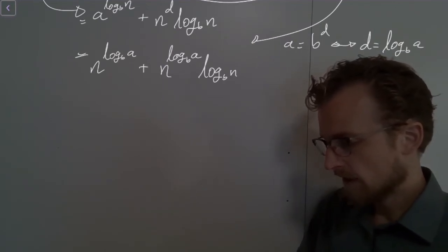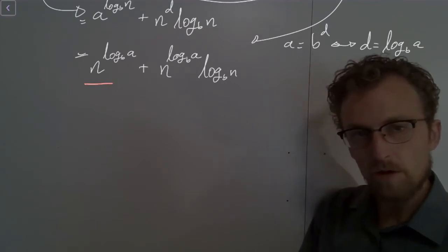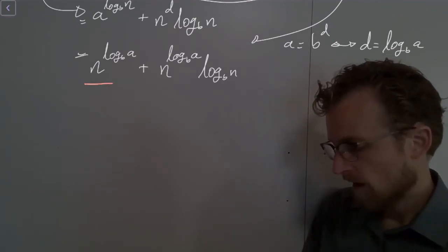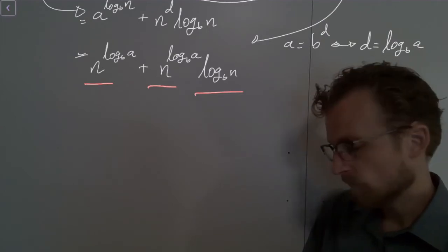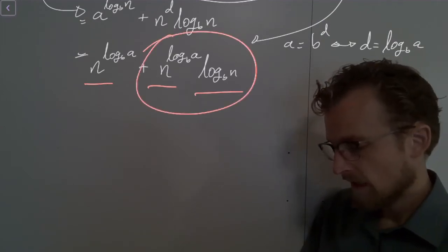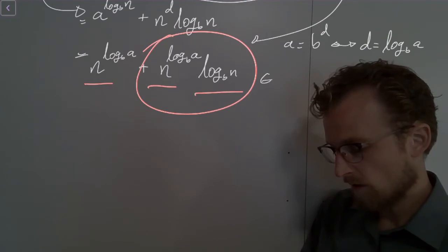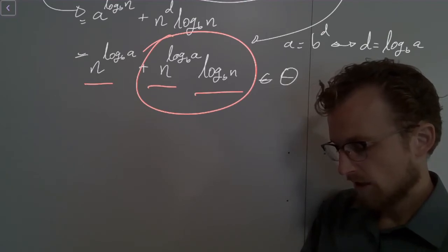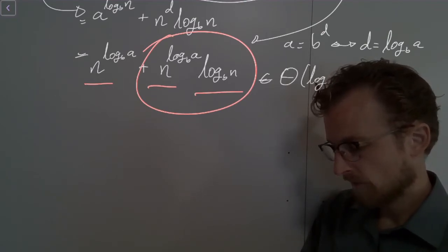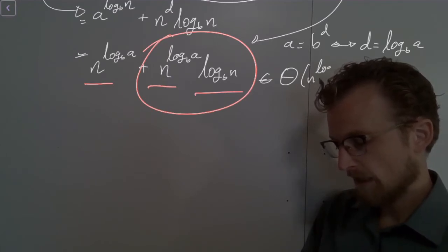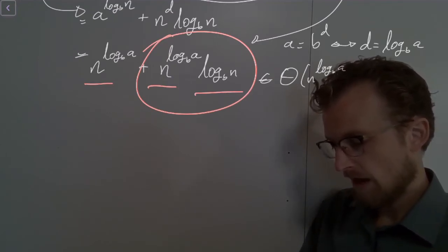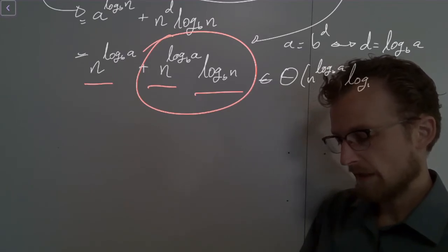We have n to the critical exponent, plus n to the critical exponent times log base b of n, right? And so this dominates, and so the overall recurrence is big theta of n to the log base b of a times log base b of n.